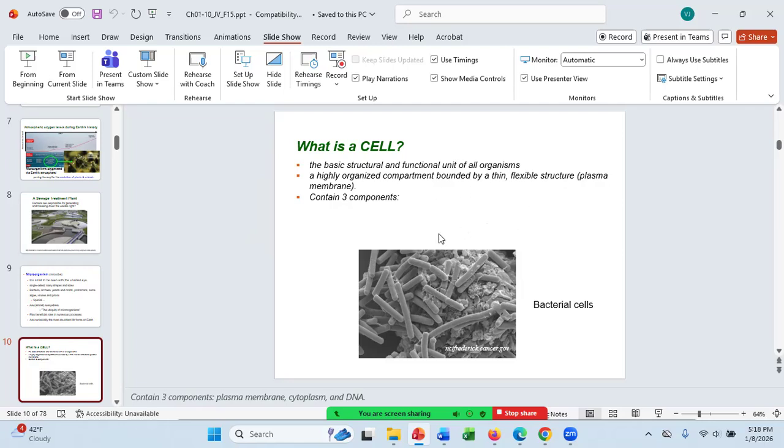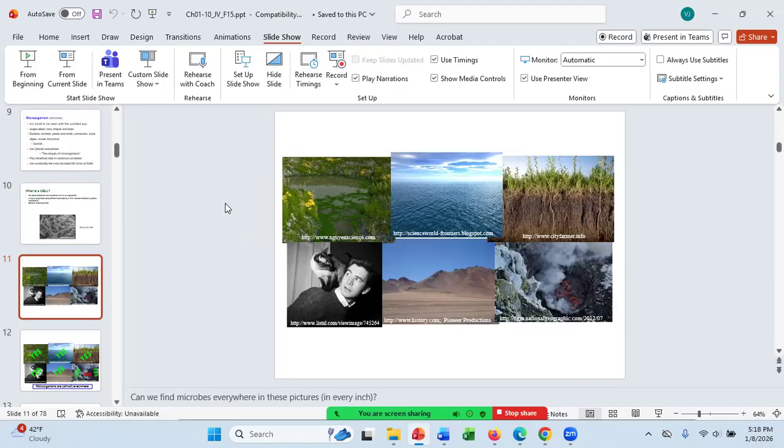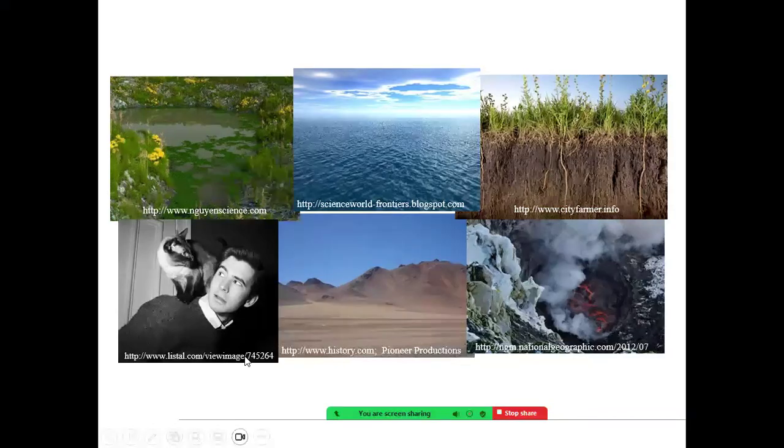All cells contain three components: the plasma membrane, cytoplasm, and their genetic material, their DNA. Here we're looking at some bacteria cells.